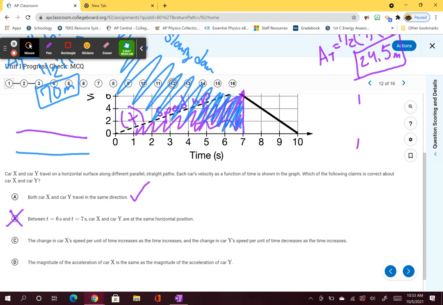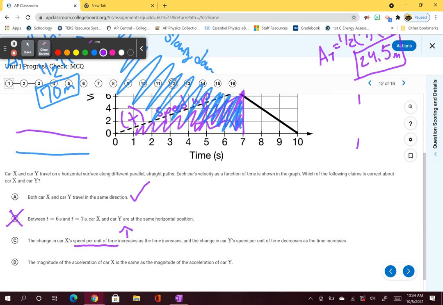Okay, so again, let's read that one. Let's read C again. The change in car X's speed per unit of time increases as time increases. Okay, again, ready for some AP wording here? The change in car speed per unit of time increases.